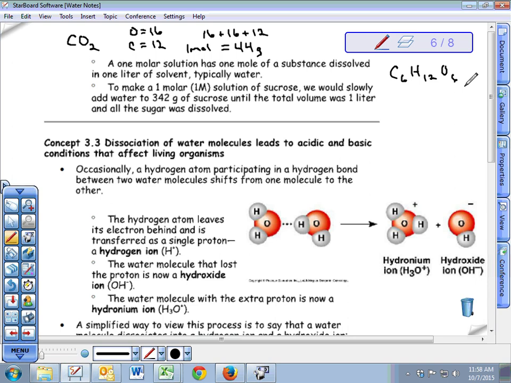If you have a dozen cars, it weighs more than a dozen eggs. Just like a mole of sucrose weighs more than a mole of carbon dioxide, because sucrose is a heavier thing. So the same number of a heavy thing is going to weigh more than that same number of a light thing. But it's a way of figuring out the concentration.